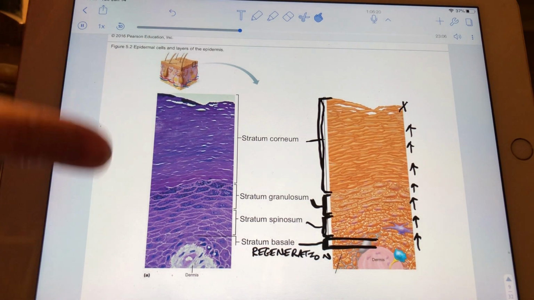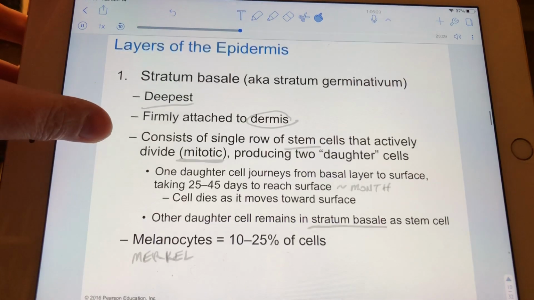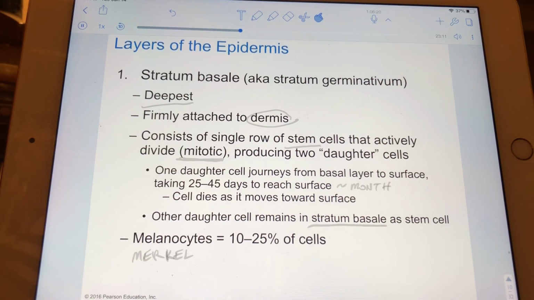Moving to slide 10, we'll have a private or semi-private slide for the strata. Stratum basal, again, is deepest. It's the deepest layer. It's the only layer that's in contact with the dermis, okay? It will be comprised primarily of keratinocytes, but they're stem-like keratinocytes that are constantly undergoing mitosis, constantly dividing to make daughter cells.